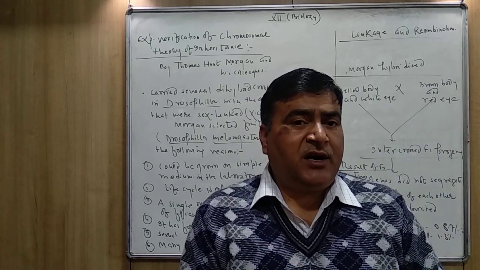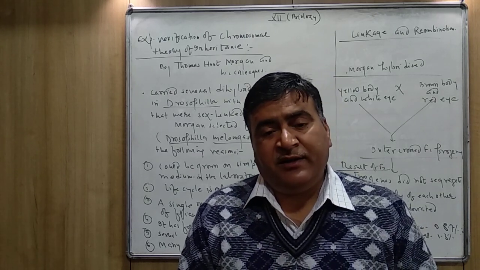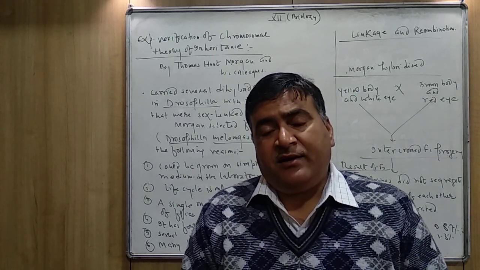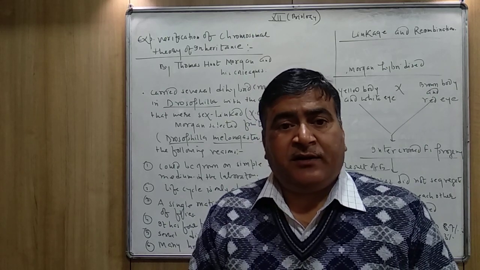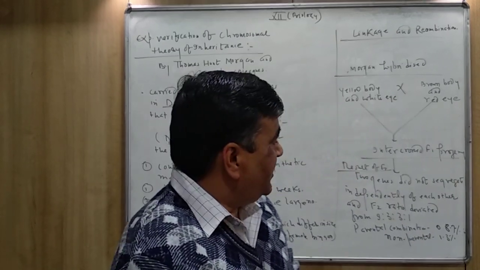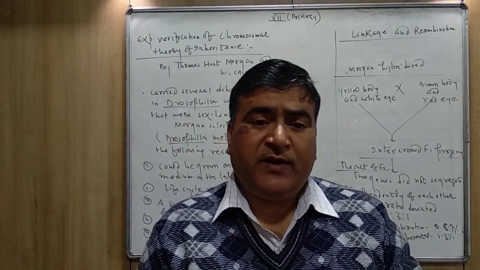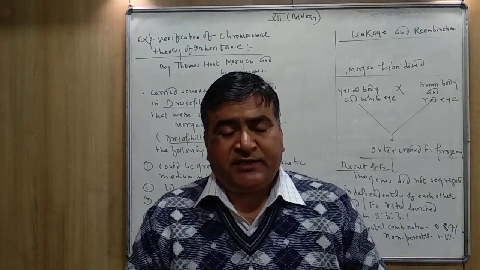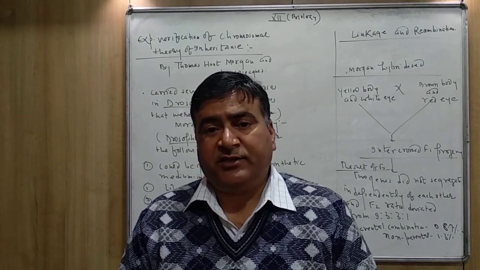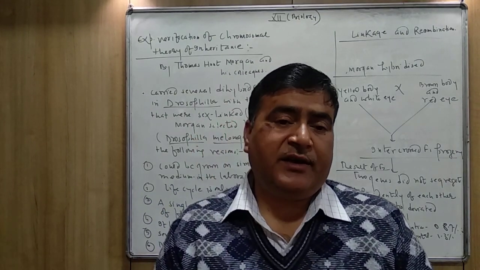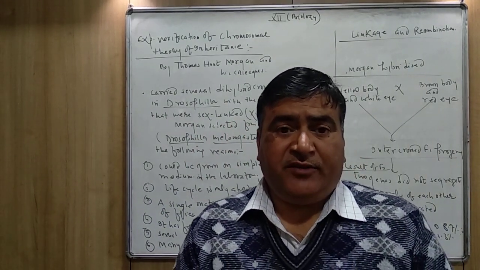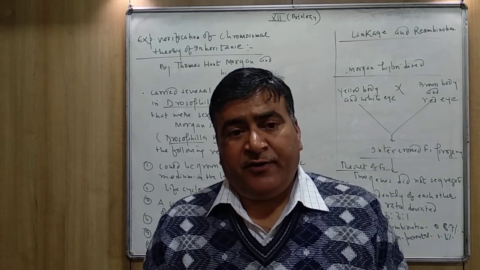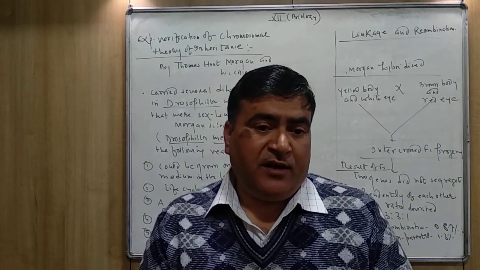Because of this law, Mendel observed the ratio 9:3:3:1. But here, in the dihybrid cross conducted by T.H. Morgan, this ratio was deviated.